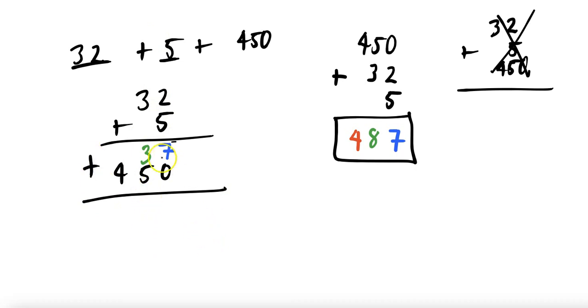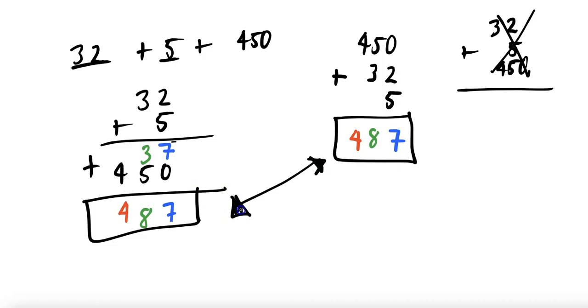We are adding, and now again we start at the very end. 7 plus 0, that'll be 7. 3 plus 5 or 5 plus 3, 8. And the 4, we bring it down because there is nothing that we're adding to it. It's just 487. See how we got exactly the same answers following different pathways, right?